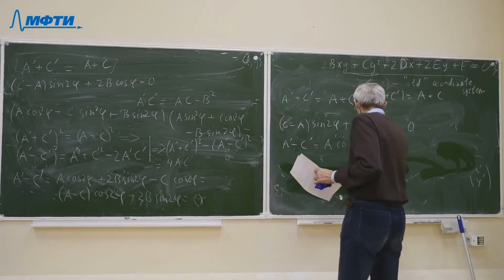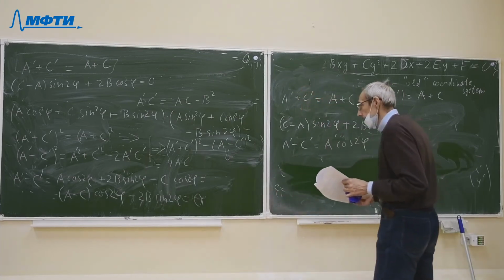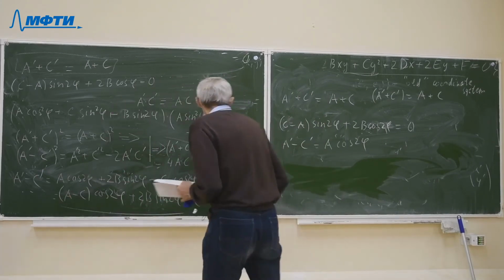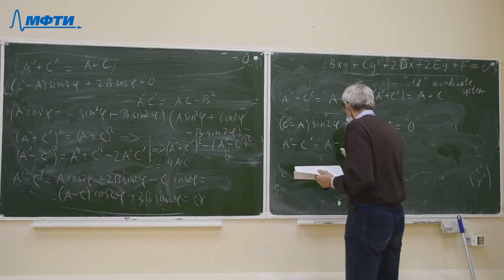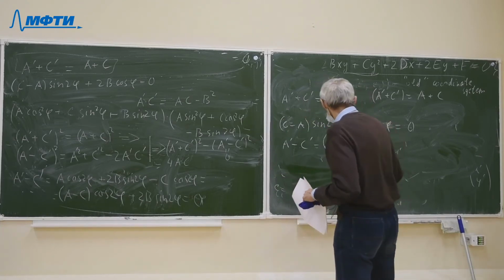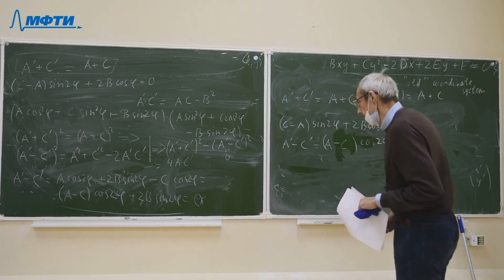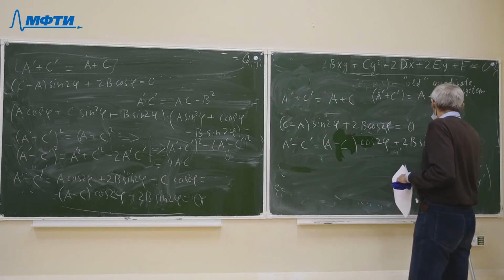Cosine 2 phi, yes, plus this, A minus C cosine 2 phi plus 2b sine 2 phi.